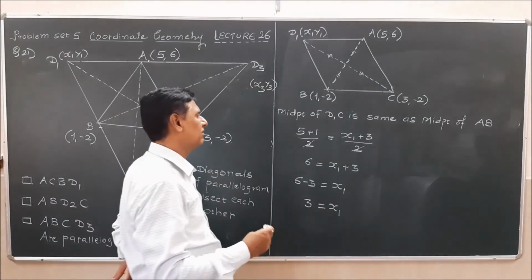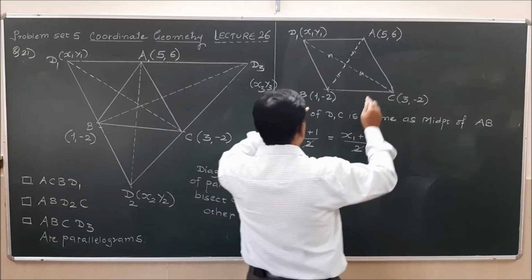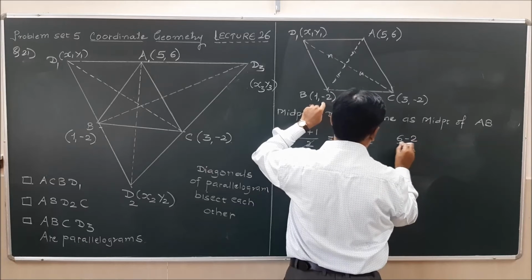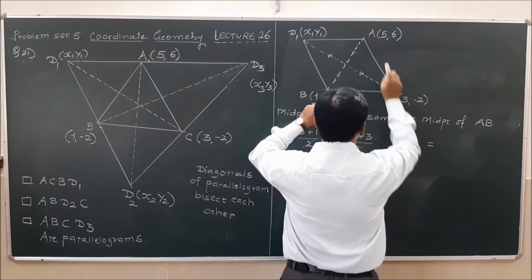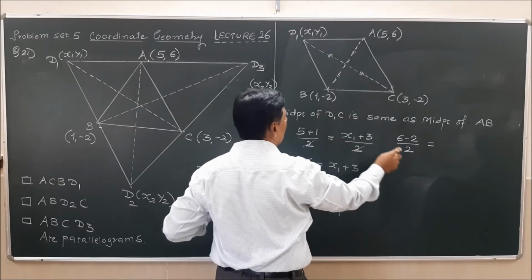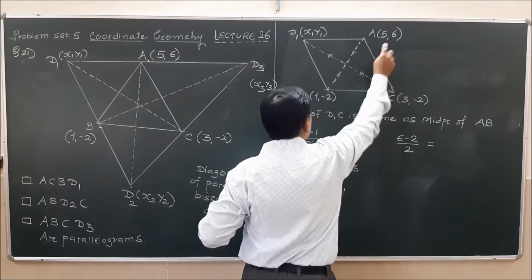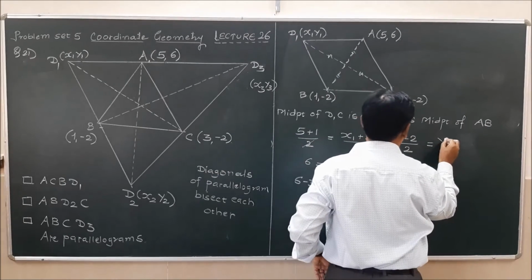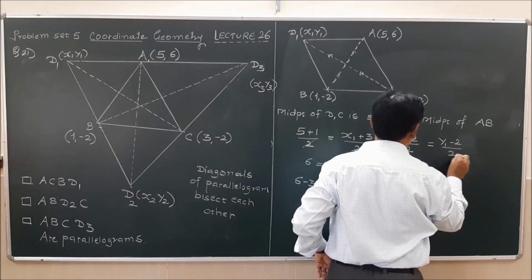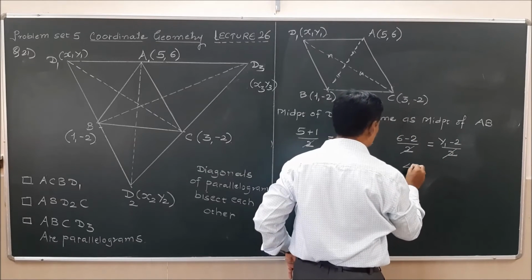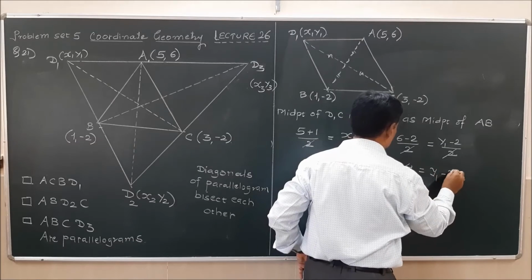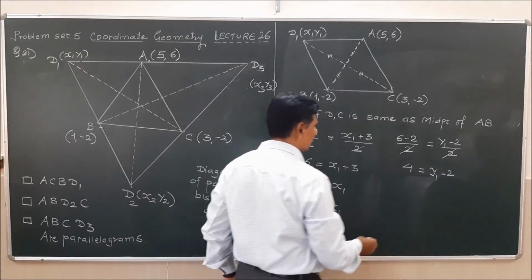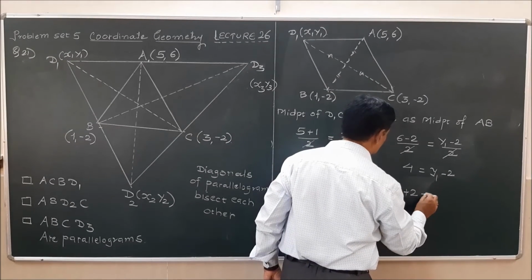In the same way now for y1 also. 6 minus 2 upon 2 is equal to y1 minus 2 upon 2. 2 and 2 cancel. 4 is equal to y1 minus 2. So that will give me 4 plus 2 is equal to y1.